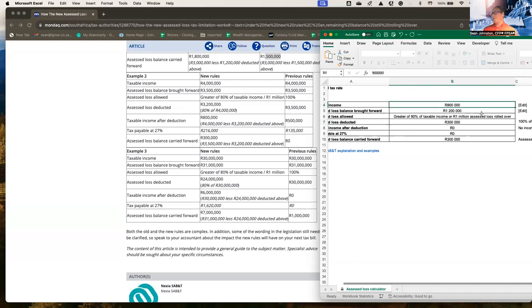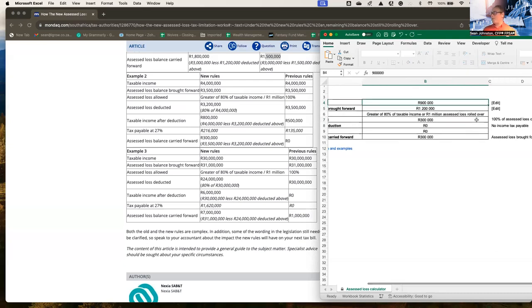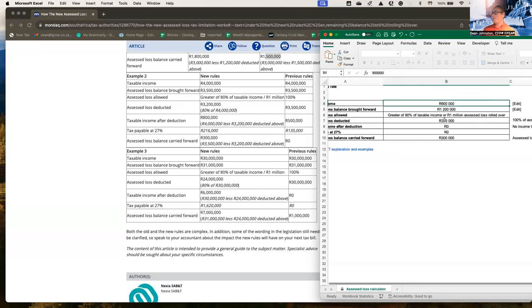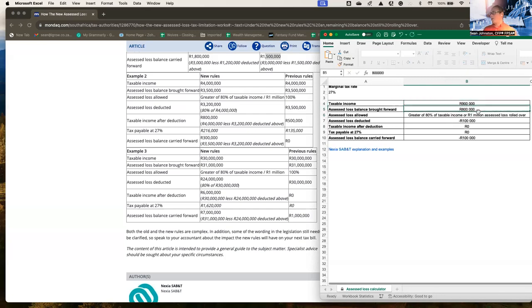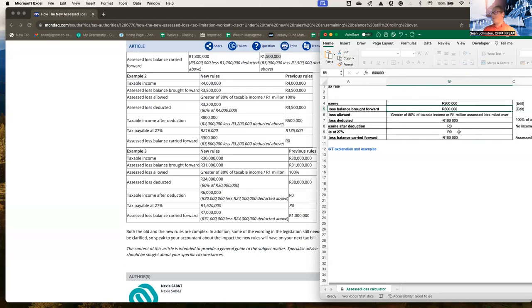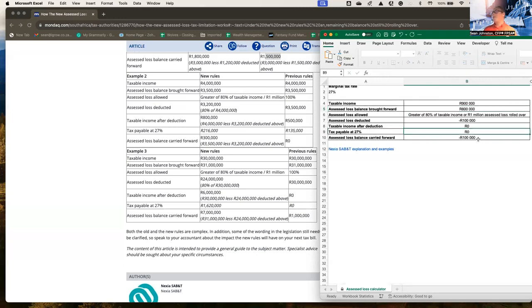The only real scenario I've really struggled to do in this template because there's so many balancing formulas to get it to work, and there's also explanations over here depending on which scenarios you choose, is if you have a case where you've got 900,000 taxable income and you've got 800,000 assessed loss. Now, very logically, you're going to have 100,000 taxable, which in theory, you're going to pay 27% on 100,000, which is 27,000.